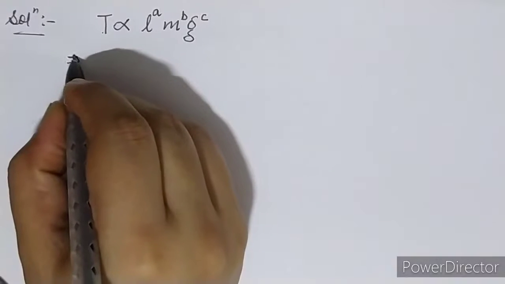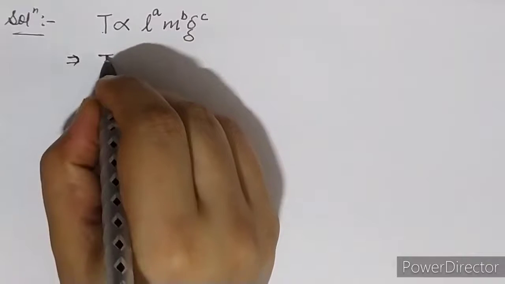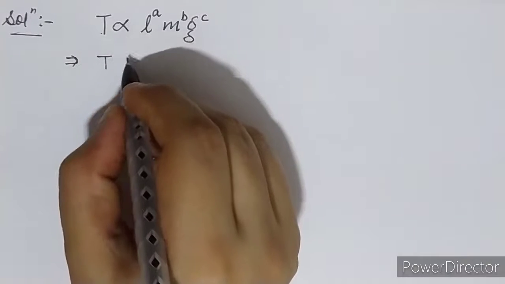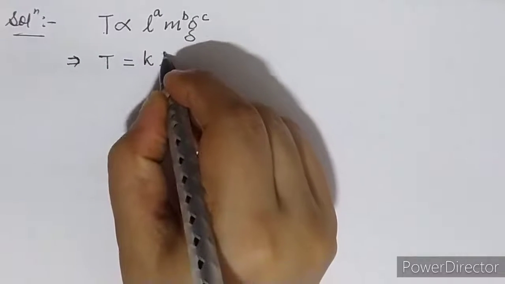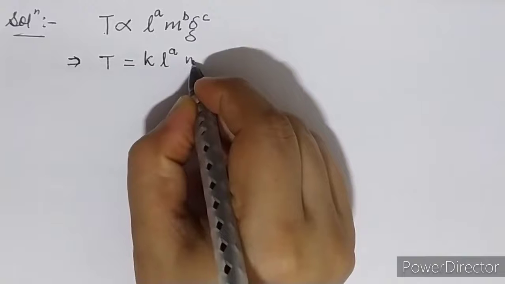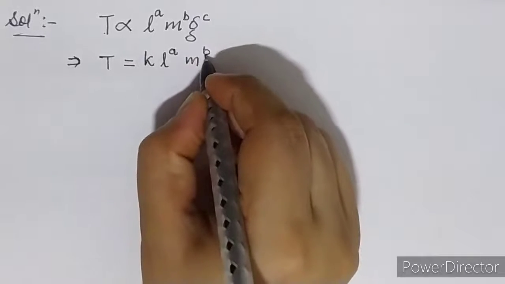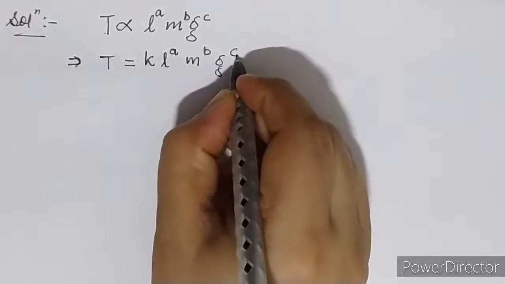Now you know, in physics it is the rule that whenever we remove the sign of proportionality there should be one constant. So when we remove the sign of proportionality and put the equals sign, one constant is there, and you have to attach this constant on your own. So here I am taking a constant k, and the remaining values are as they are: L to the power a, m to the power b, and g to the power c.